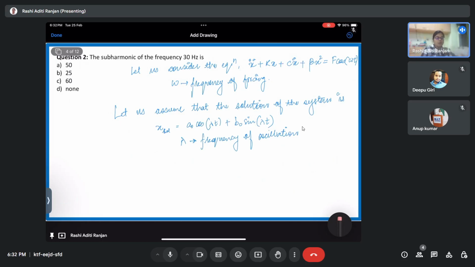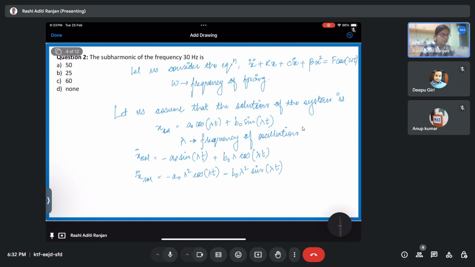So now, as I have x of solution, I can find x dot of solution. This is simple differentiation.